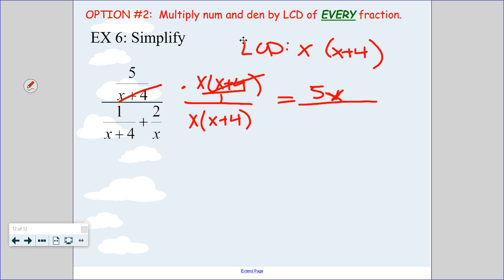What cancels here? Just the x cancels, so I'm left with 2 times x plus 4.